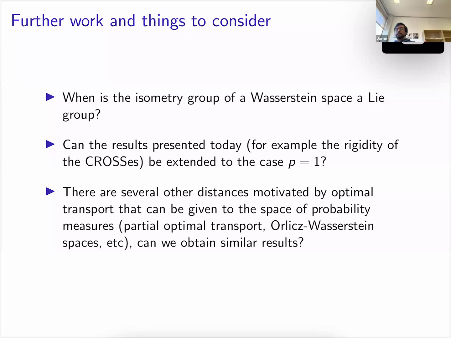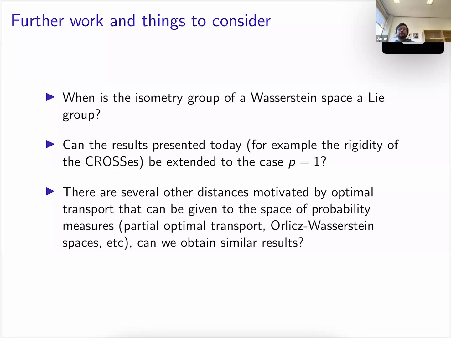And lastly, there are other distances that are motivated by optimal transport problems that one can use to give a distance on the space of probability measures. Some that appear in the literature are the partial optimal transport, or maybe you don't want to use L^p spaces, but use other Sobolev spaces like the Orlicz ones. And there are many others.